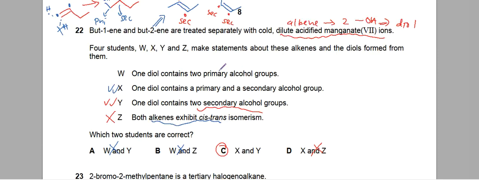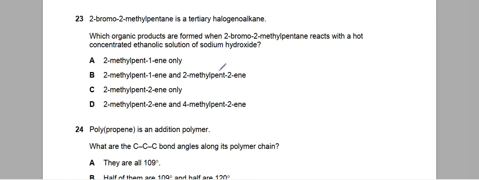Okay, question 23. 2-bromo-2-methylpentane, a tertiary halogenoalkane. The condition here is hot concentrated ethanolic solution of sodium hydroxide. Under this condition, what we expect will happen is elimination.